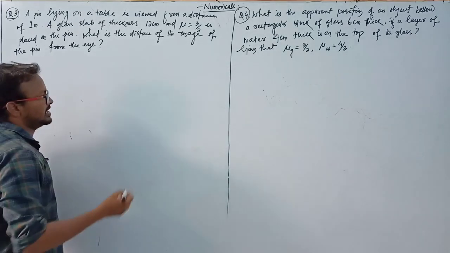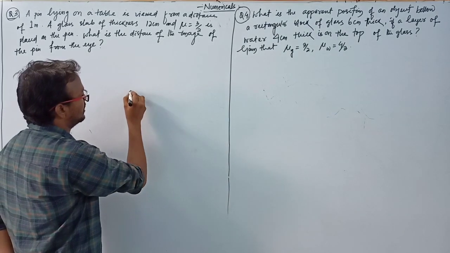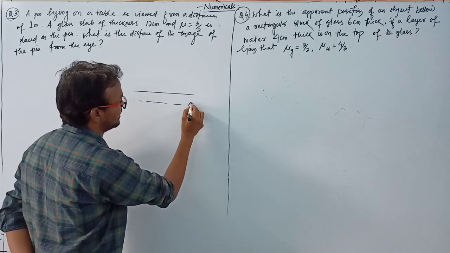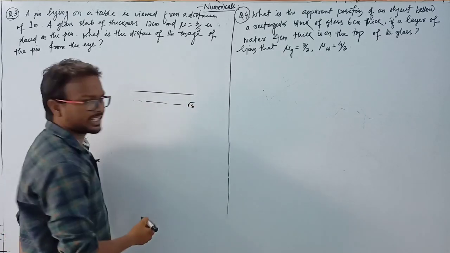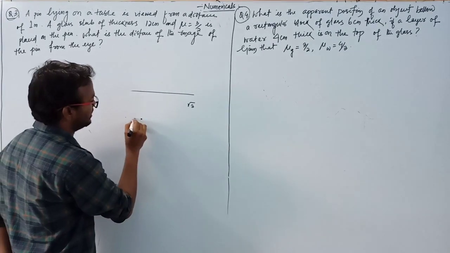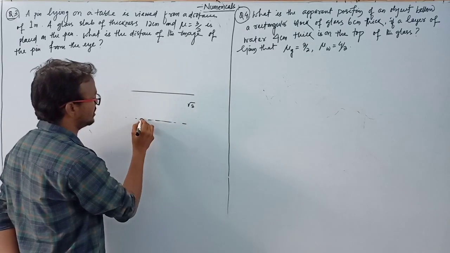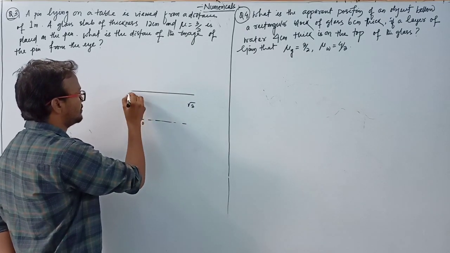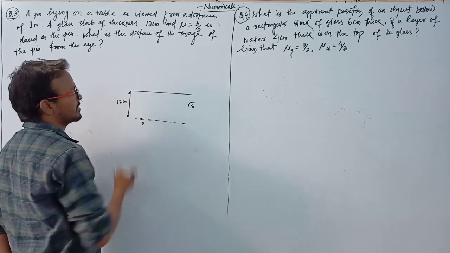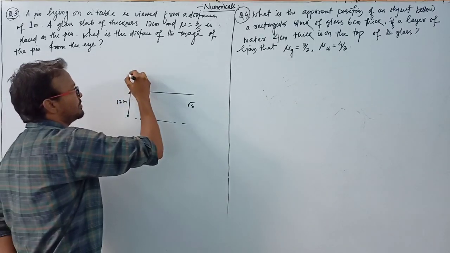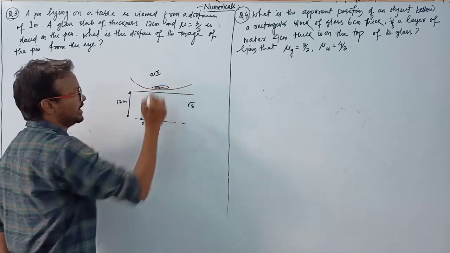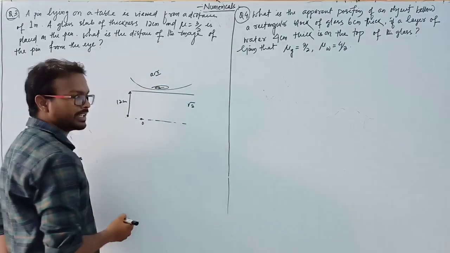Before starting this question, suppose there is a surface and this is a water medium, or any other medium of refractive index √3, and there is an object lying on the bottom surface. Here this is object O, and suppose this distance is 12 centimeter. Clear? If we observe from this side, the air medium, now find the apparent depth.